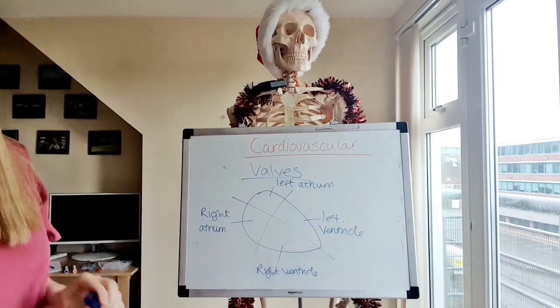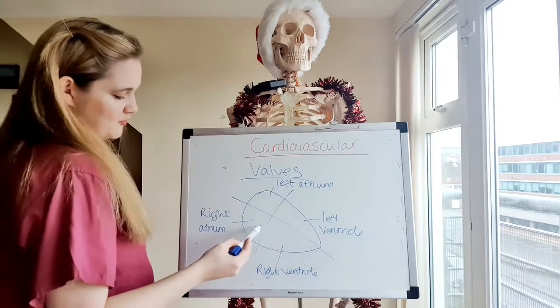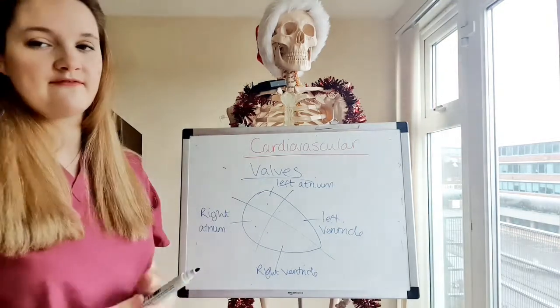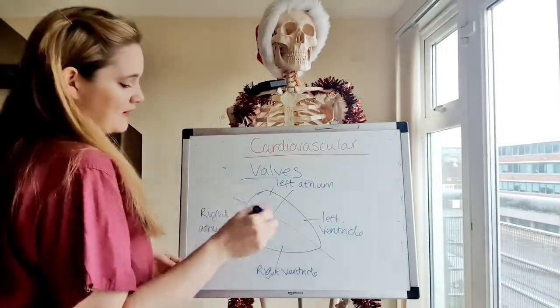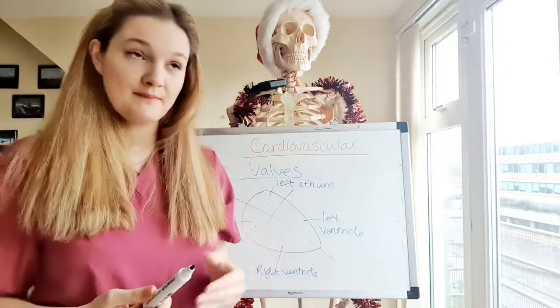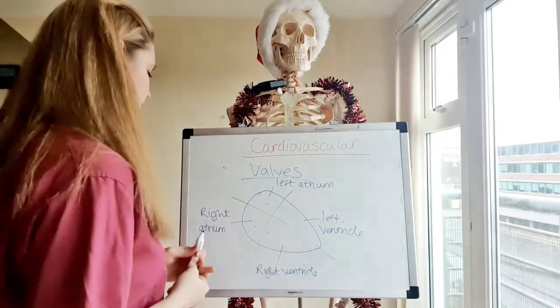Excuse my terrible drawing of the heart there. Your valves sit between these chambers. These are called the chambers of the heart, so you have atriums and ventricles, left and right on both of them, and the valves sit between each of them. The valves are to prevent any backflow of blood into wherever it's just come from.